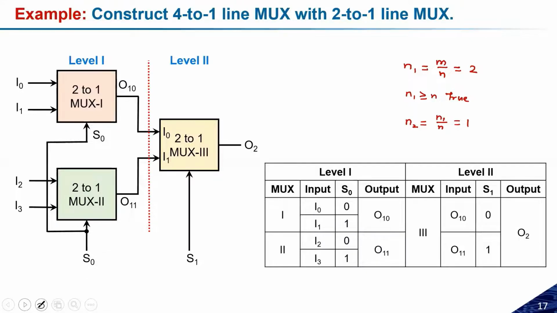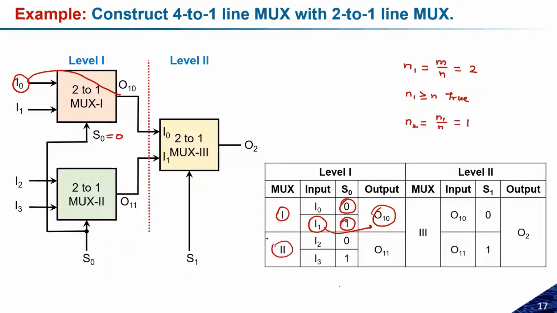If S0 is equal to 0, and I'm considering multiplexer number 1, in that case I0 will be transferred to O10, the output. If S0 is equal to 1, then this I1 will be transferred to this O10.